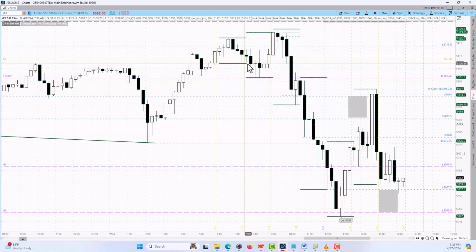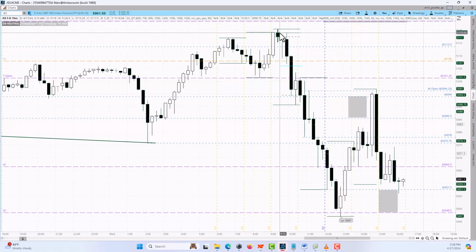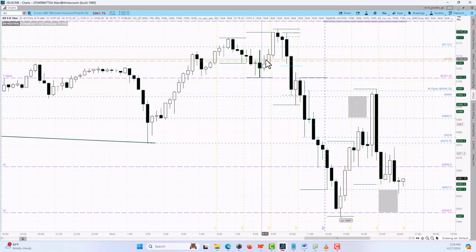see the pattern. Basically, this morning we were manipulated by this huge up candle at 9. We thought we're going to break out, but we made a mistake. We see the pattern now.